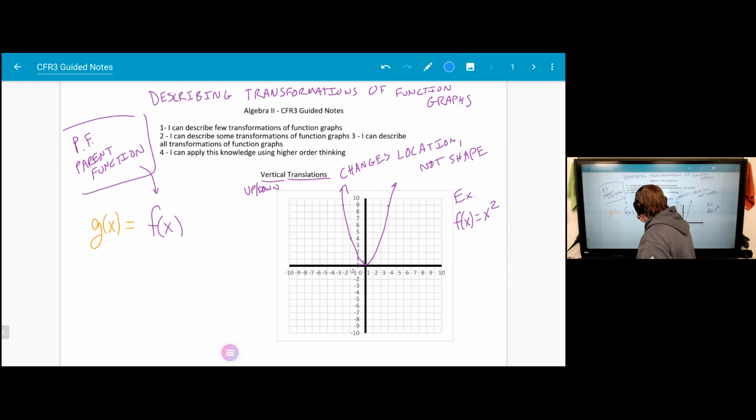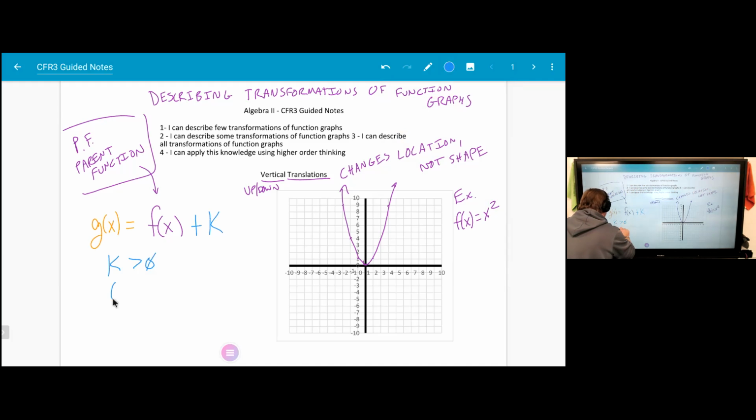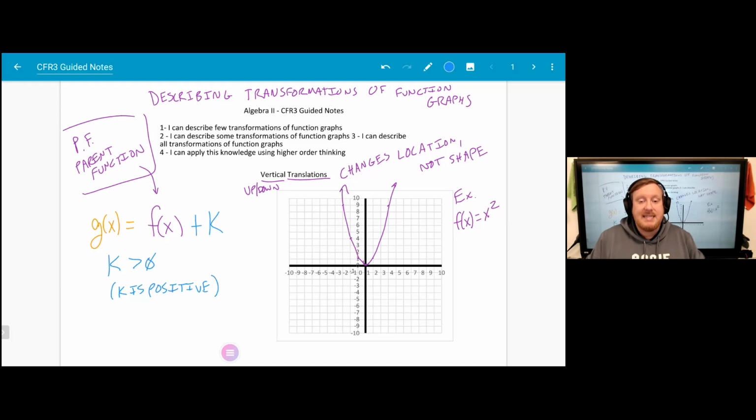So the general form looks like this: g of x equals f of x plus k. And what happens is if k is positive, so if k is greater than 0, the function translates up.